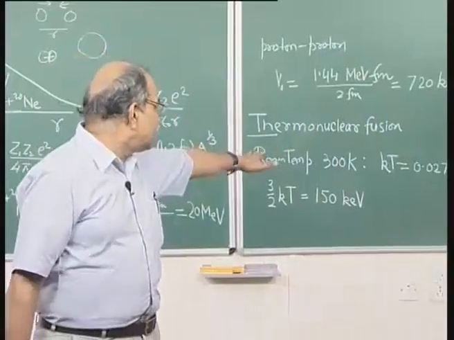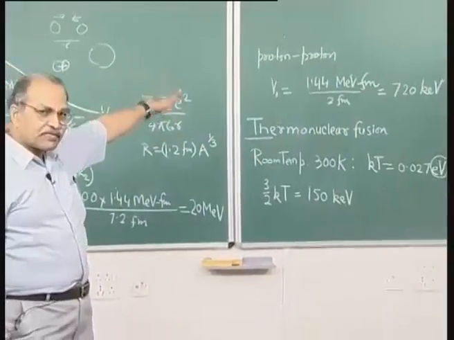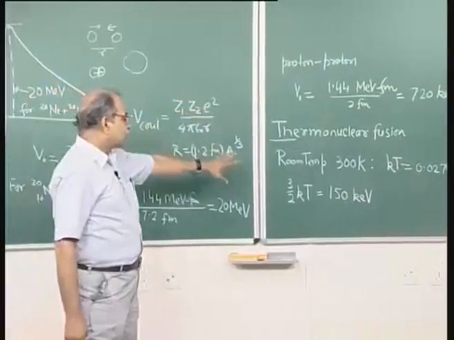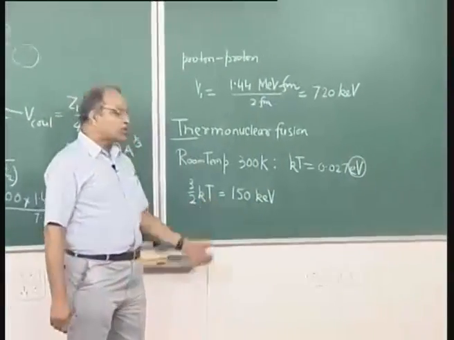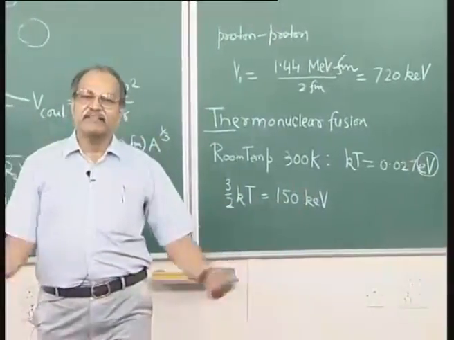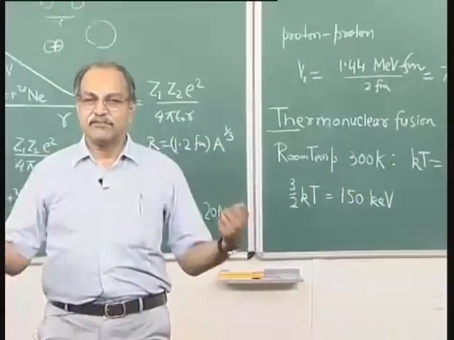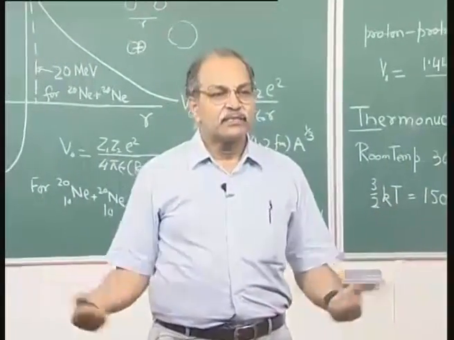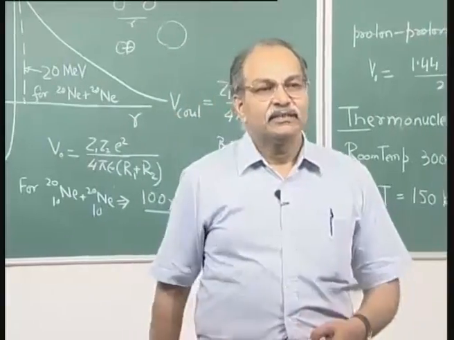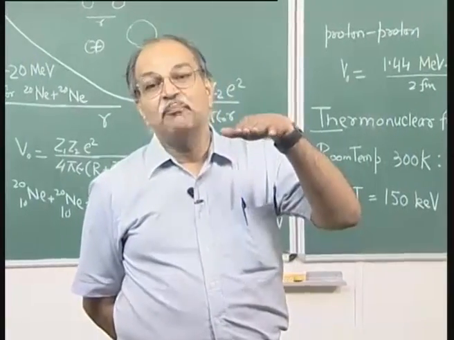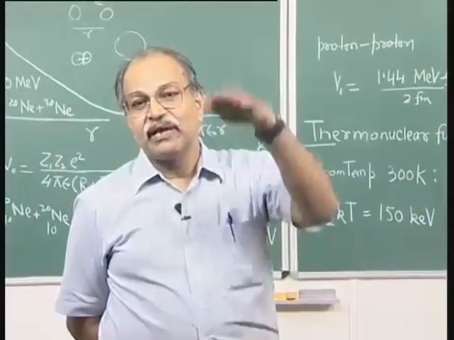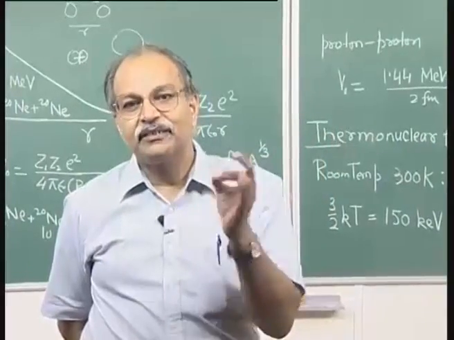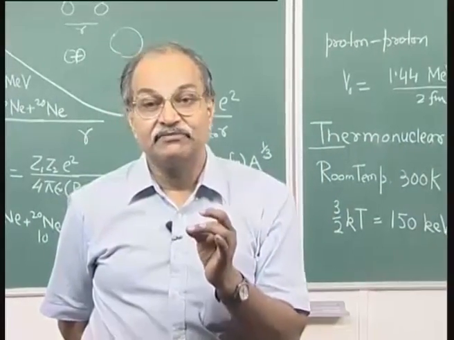But still it will be several hundreds of keV. So, let us say that our temperature should be such that the average kinetic energy is 150 keV. So, that when the particles come and try to combine, the kinetic energy is comparable to the barrier height, and then the barrier penetration probability is significant.